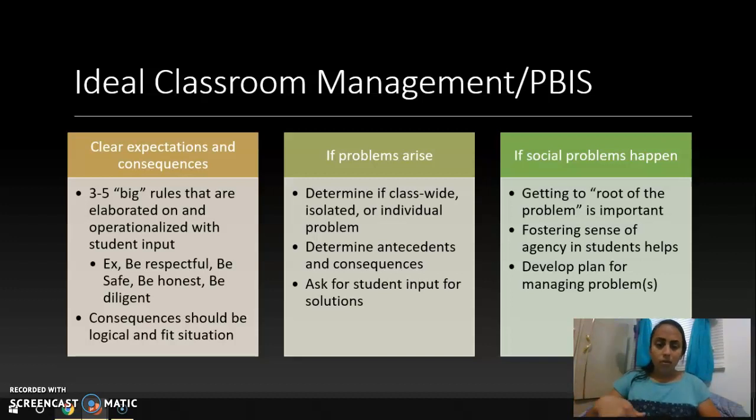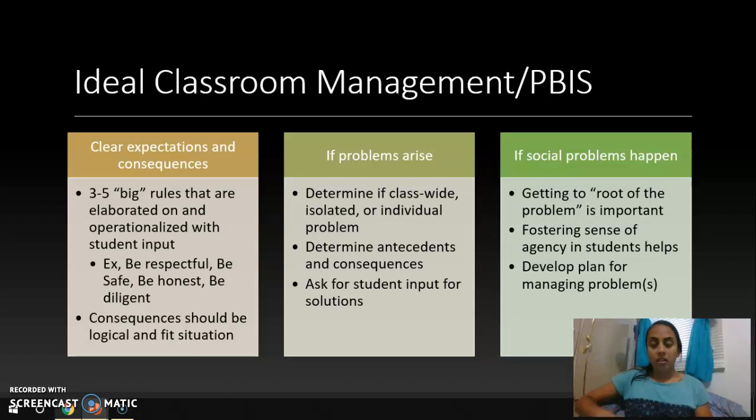And if problems arise, the first step would be to determine if it's class wide, isolated, or individual. If it's class wide, then it might be time to talk with the school counselor or the school psychologist for ideas on how to deal with these classroom management issues.